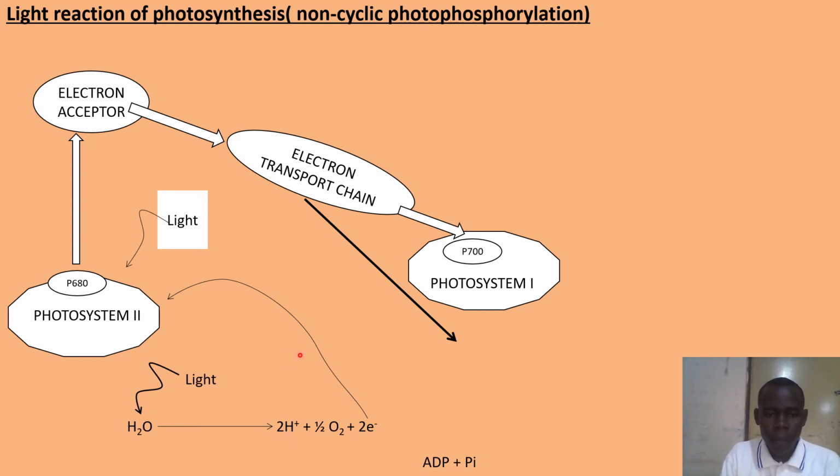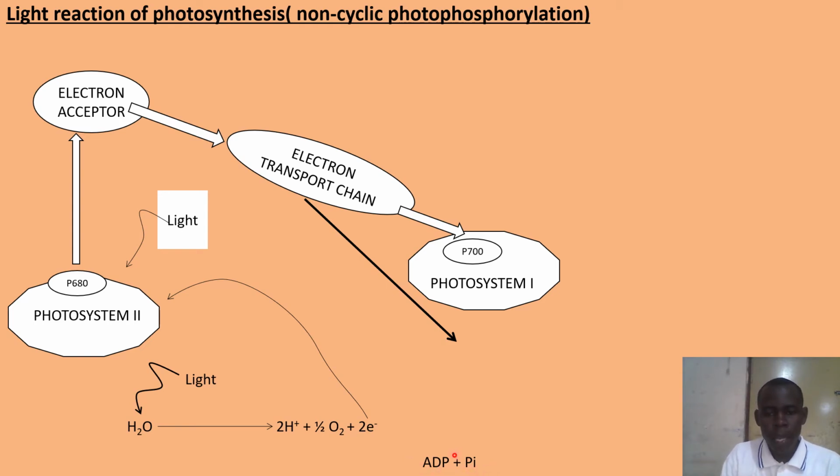Remember that the electrons pass along the electron transport chain from a higher energy level to a lower energy level, and as they do so, they release energy. That energy released is used in the formation of ATP from ADP and inorganic phosphate.